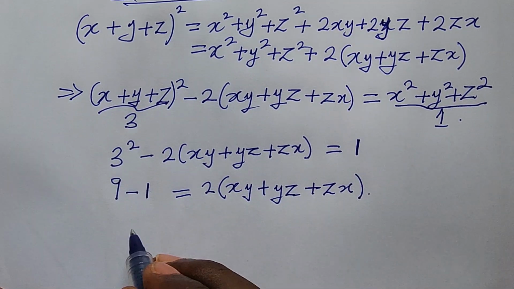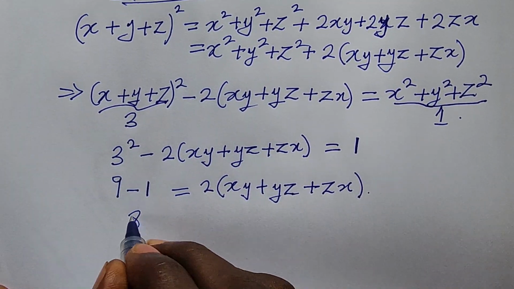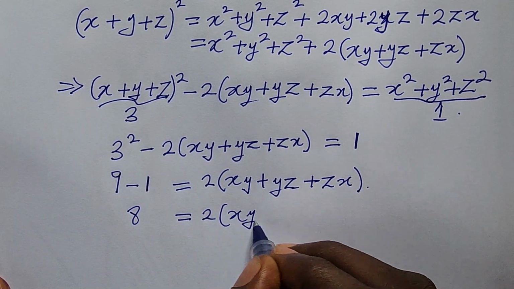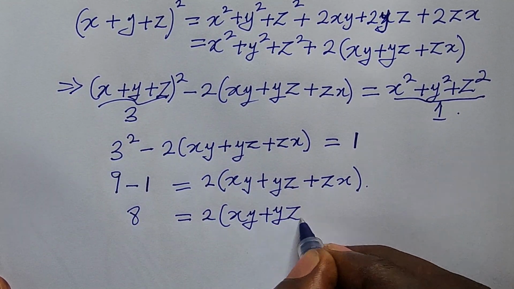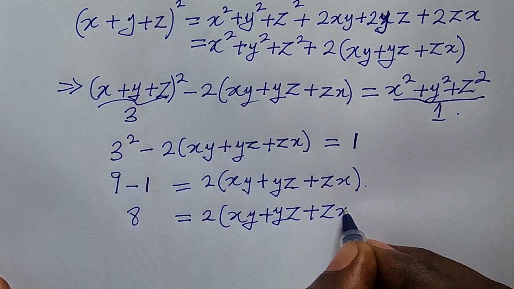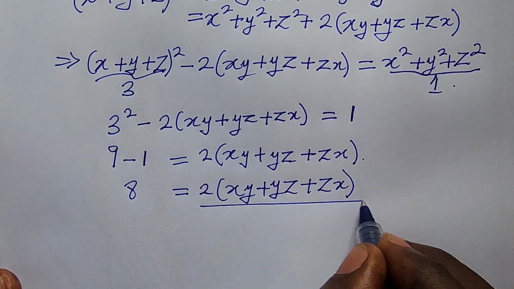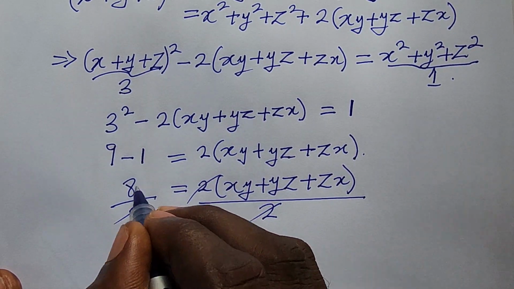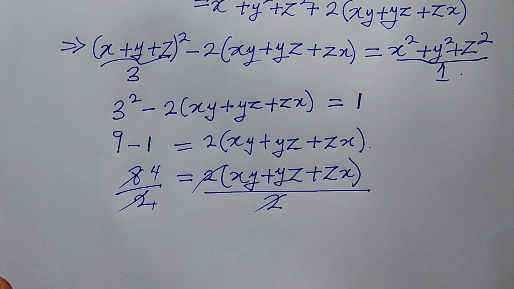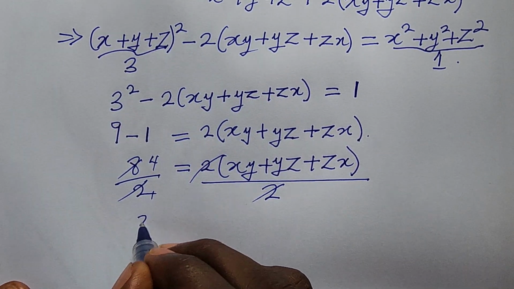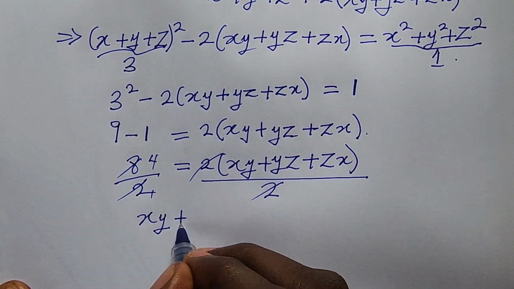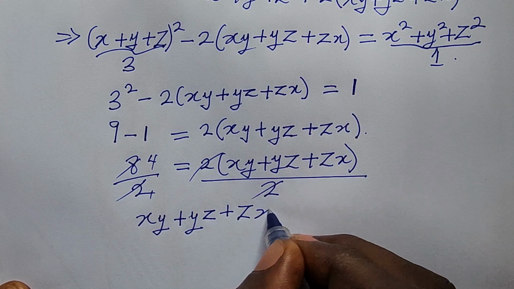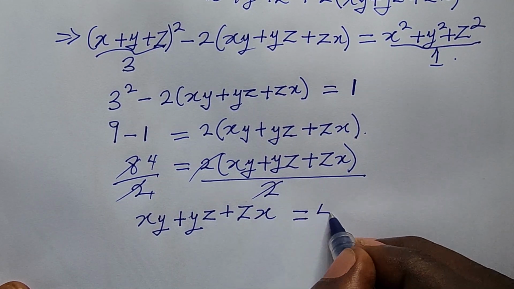Then here will give us 8. So we have 8 is equal to 2(xy plus yz plus zx). Divide both sides by 2. So cancel, 2 here, 1, 2 here, we have 4. So we are having xy plus yz plus zx equal to 4.